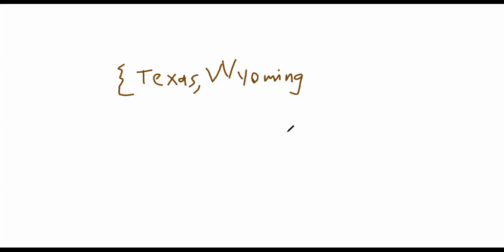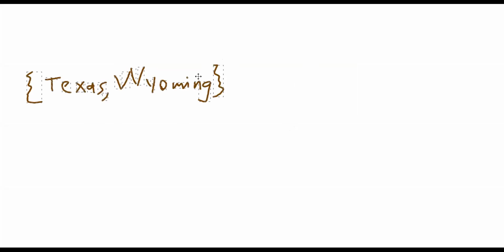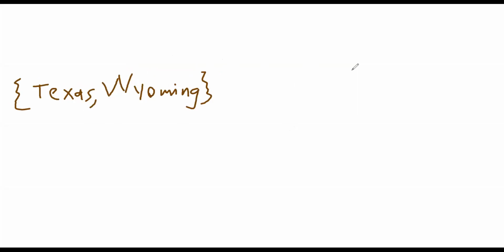Let's see here. Let's say we have the set containing the elements Texas and Wyoming. And let's say we're supposing this is a subset of all X such that X is a US state.